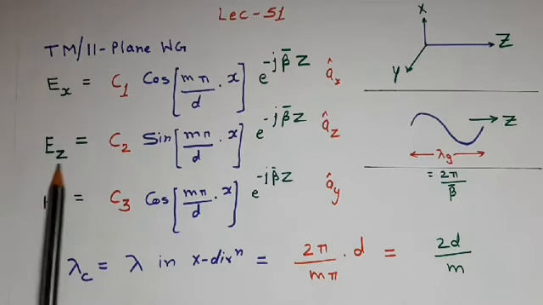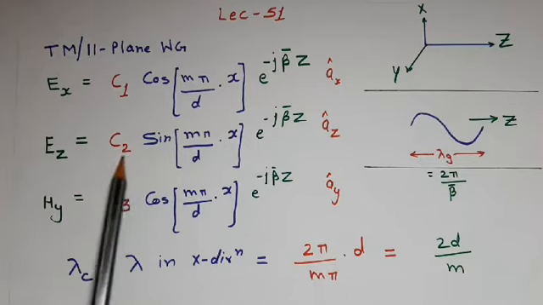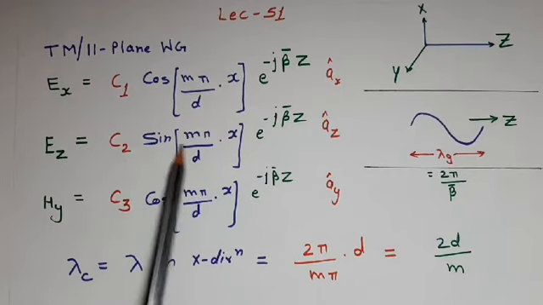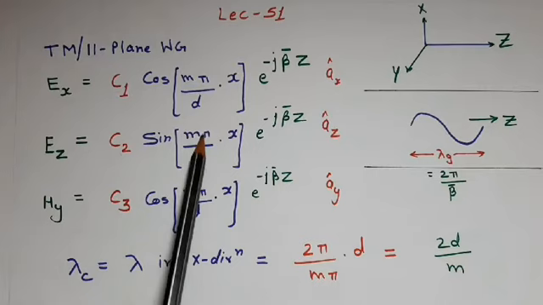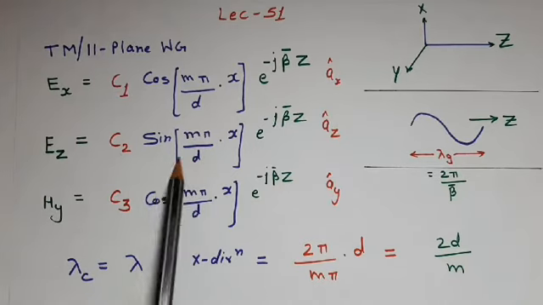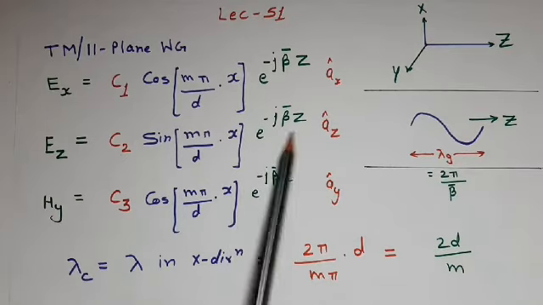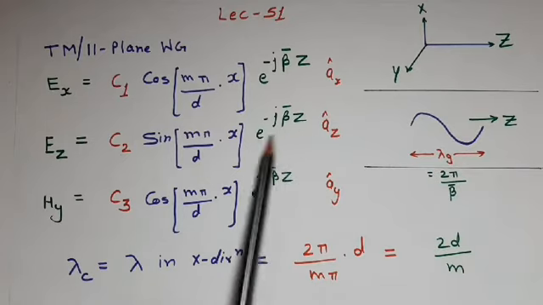Similarly we can write Ez. First term will be a constant term, either Ei sin of theta i or Ei cos of theta i. It can be represented by C2. Then sin of hx, and if we replace h is equal to m pi upon d, then it becomes sin of m pi upon d into x into space varying term, that is e power minus j beta bar z.